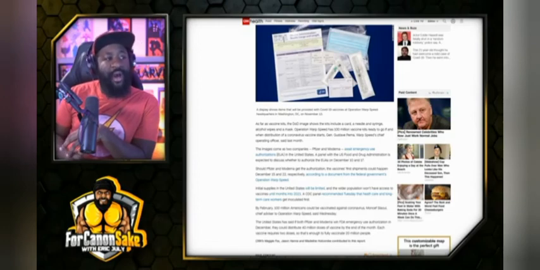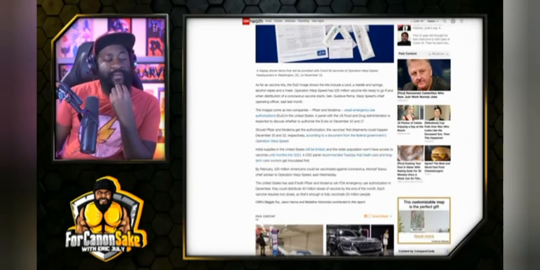The images come from two companies, Pfizer and Moderna. A panel with the U.S. Food and Drug Administration is expected to discuss whether to authorize EUAs December 10th and 17th. Should Pfizer and Moderna get the authorization of vaccines, first shipments could happen the 15th and 22nd, respectively, according to a document of the federal government's Operation Warp Speed.